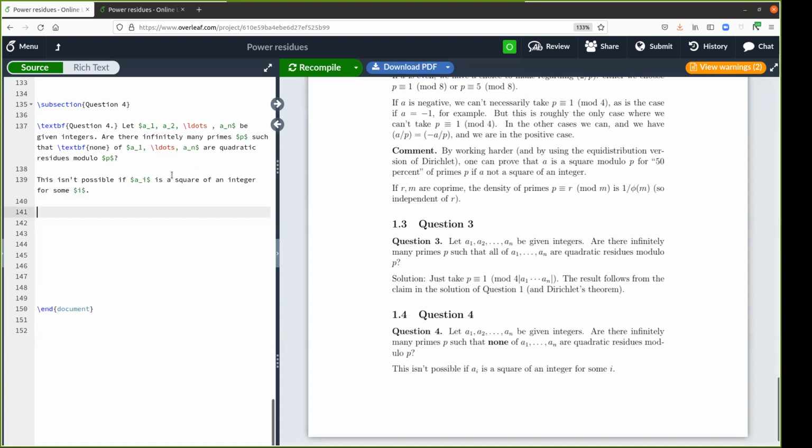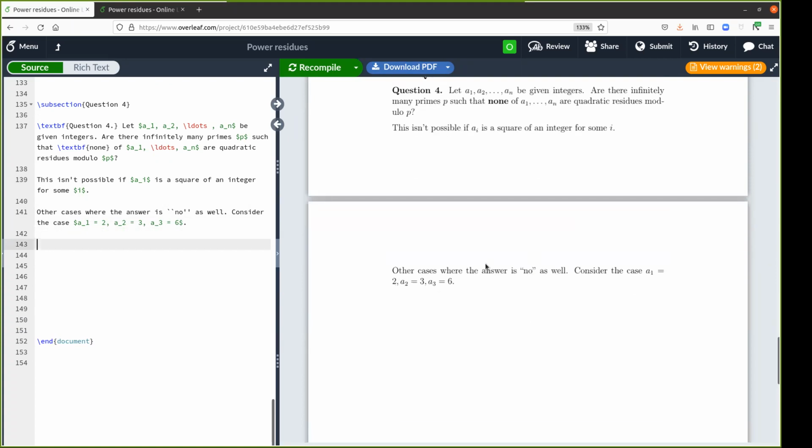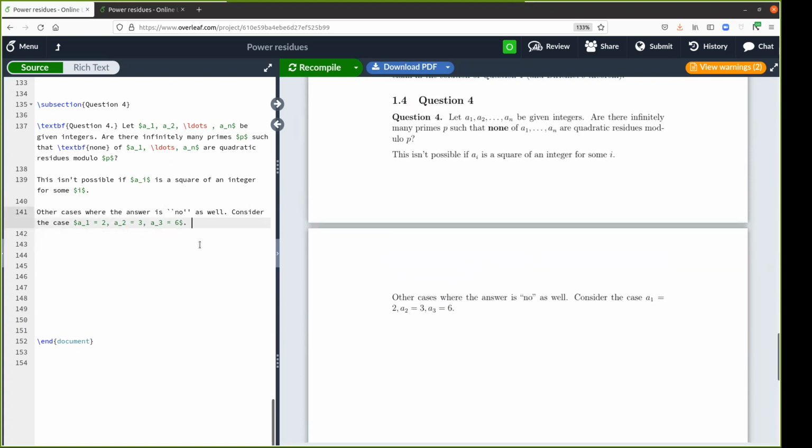But there are actually some other cases where this fails as well. Consider the case when we have the integers 2, 3, and 6. I claim that these can't all be simultaneously quadratic non-residues.